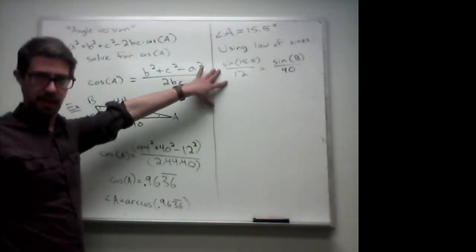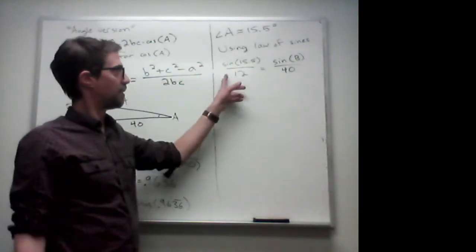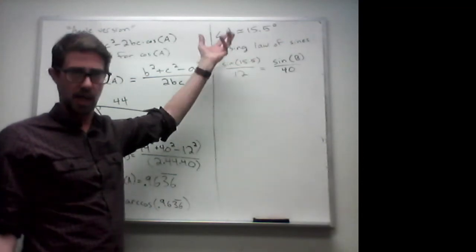Now it's literally exactly the same as the last problem we did. You just multiply both sides by 40. You do sine of B equals 40 times this. You do an arc sine on that and get what you get.